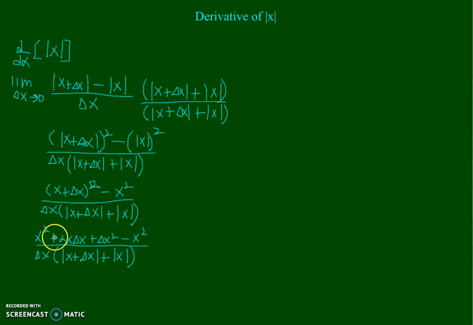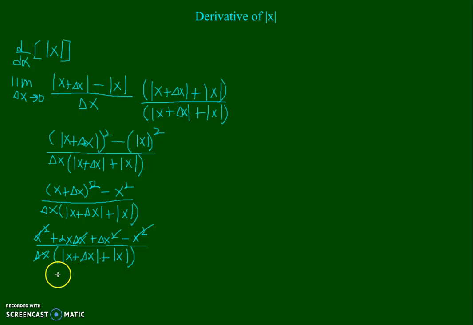Now it does in fact look like we have a cancellation here. This x squared and that x squared go away, and this term and this term both have delta x's in them. So let's go ahead and get rid of that, and one of those two.